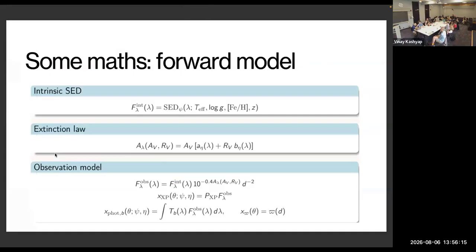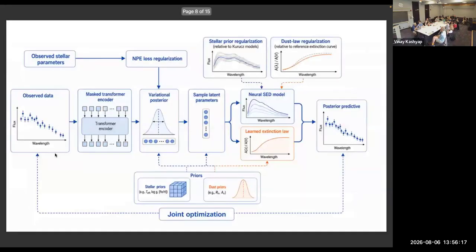One more question. So go back to your previous slide. When you have this posterior predictive as a function of wavelength, where are your photometric points? Your photometry is in your observed data, but it's also in your posterior predictive. It's conditional on your posterior, and then you observe it in your likelihood.